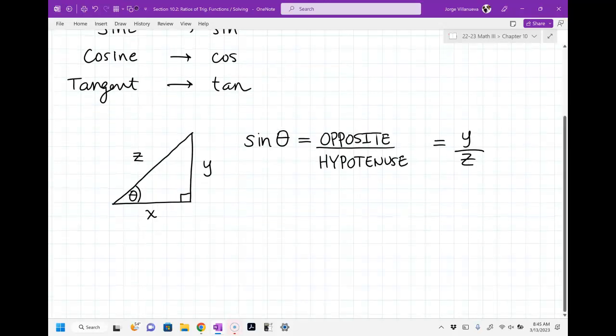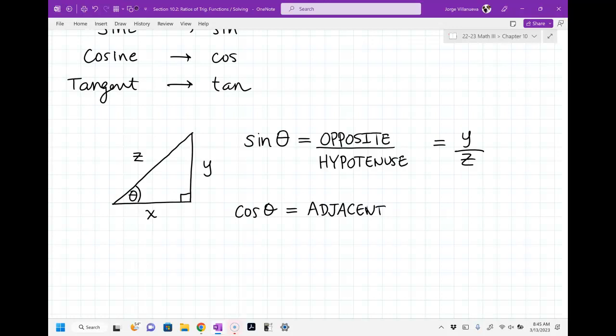Now, cosine of theta is adjacent over hypotenuse. The adjacent side over the hypotenuse side.